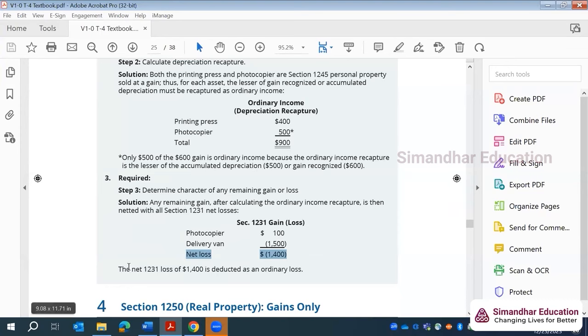Okay. So the net section 1231 loss of $1,400 is treated as ordinary loss. So basically, you are not grouping everything together. You are keeping it separate because for tax purposes, there are different provisions that you have to keep in mind. All right.